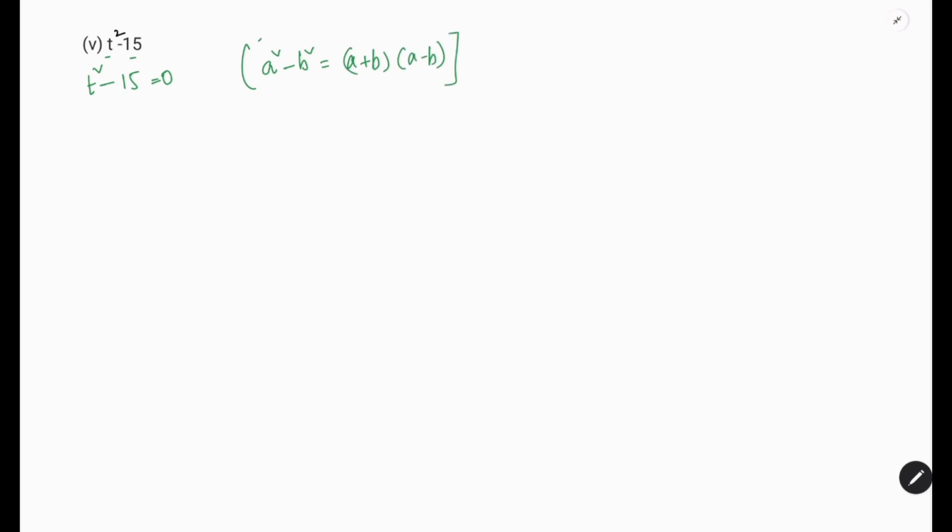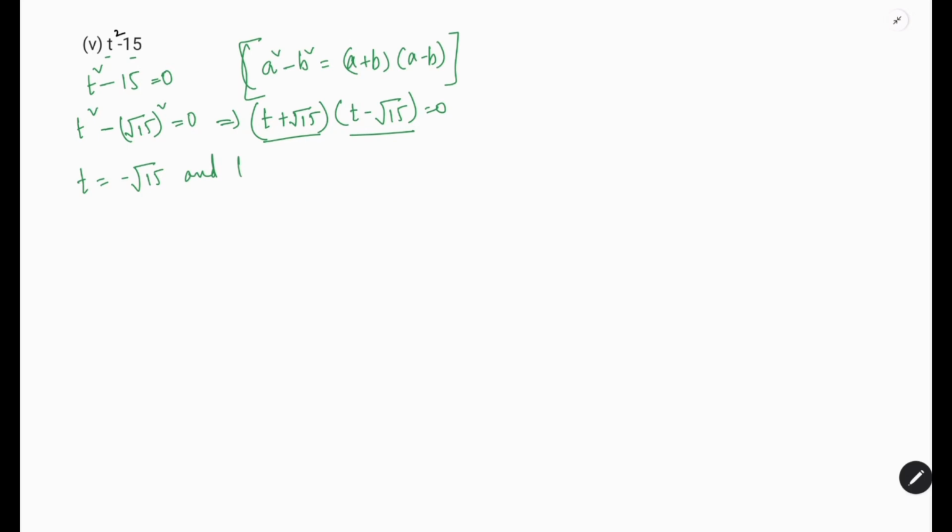So t square minus root 15 whole square equal to 0. That means t plus root 15 into t minus root 15 equal to 0. That means t equal to minus root 15 and t equal to root 15.